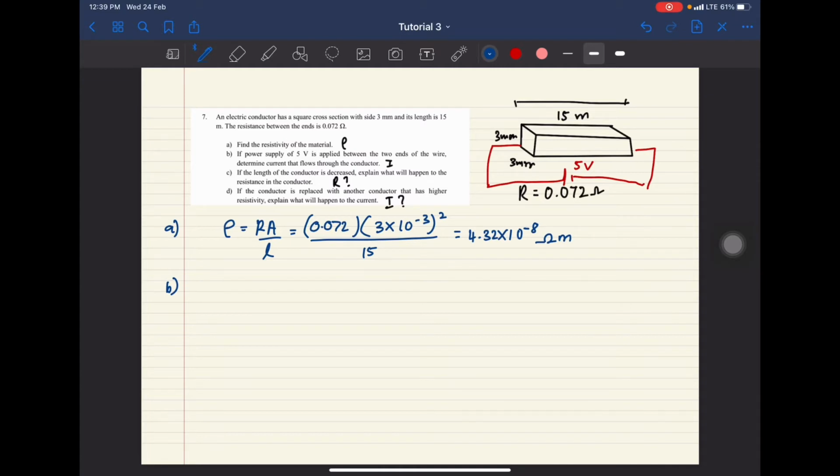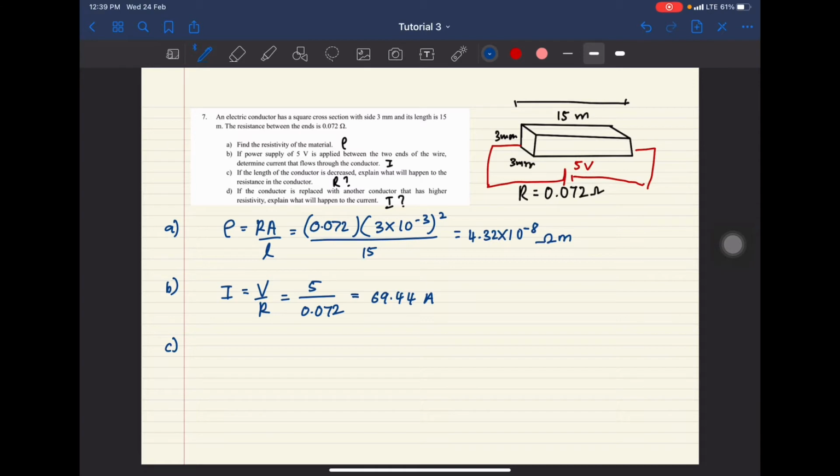I can rearrange in terms of I, I equals to V over R. So it would be 5 divided by 0.072. Okay, kamu jangan bahagi dengan dia punya resistivity pula, bagi dengan resistance. Okay, and you should get 69.44 ampere.